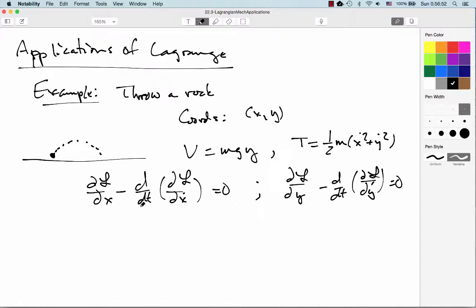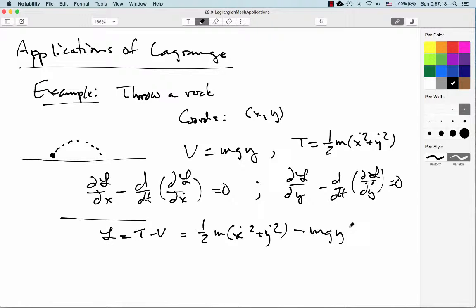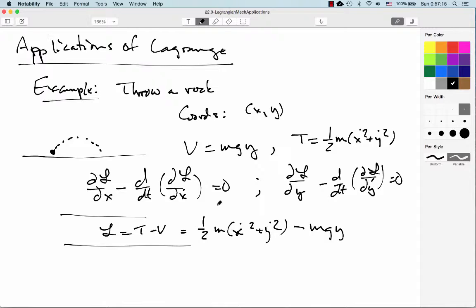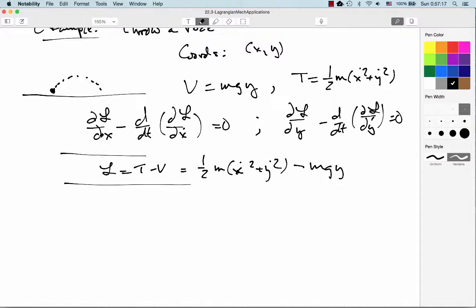All right, so for the partial L partial x, I should probably observe somewhere that L is equal to T minus V, so it's 1/2 m times (x dot squared plus y dot squared) minus mgy. All right, with that public service announcement out of the way, let's go ahead and do this.